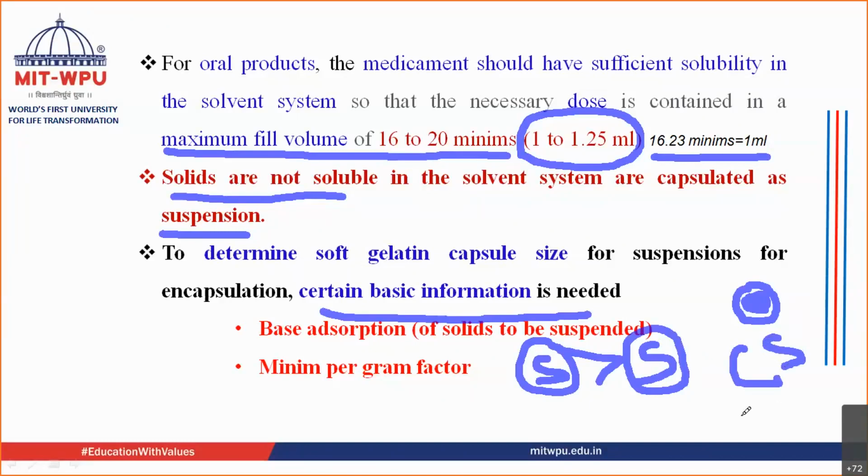Those are known as base adsorption of solids which need to be converted into a suspension, and minimum per gram factor. Please pay very good attention to both these topics in my next session. It is a little bit difficult to understand, but if you pay attention, it will be quite easy for you.